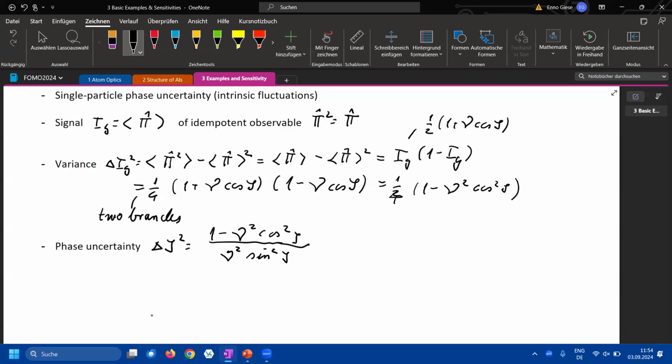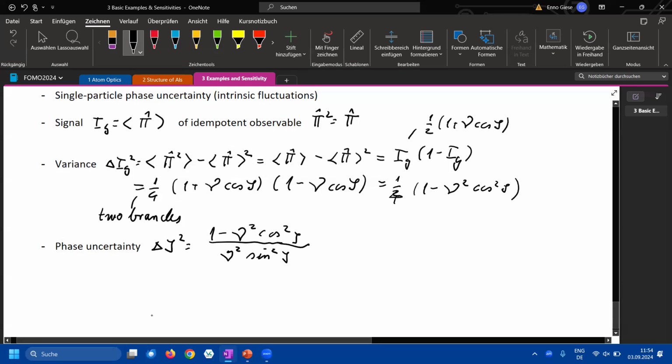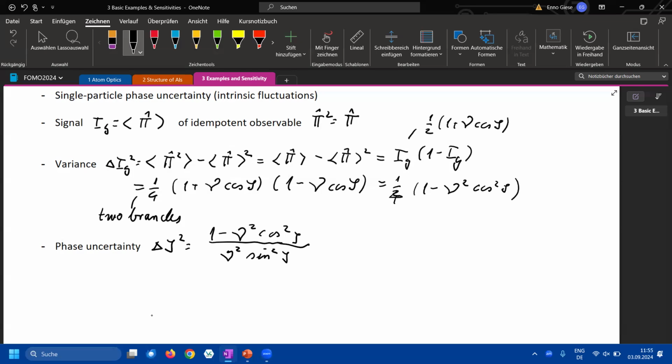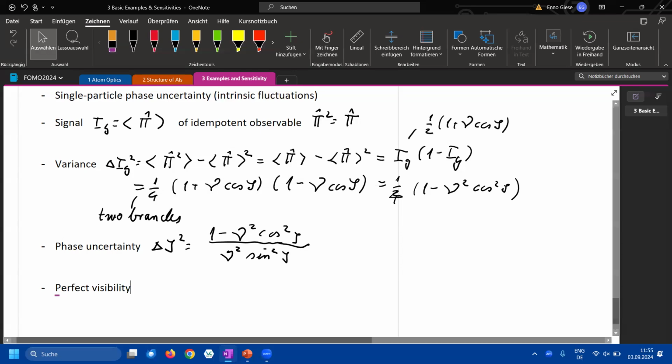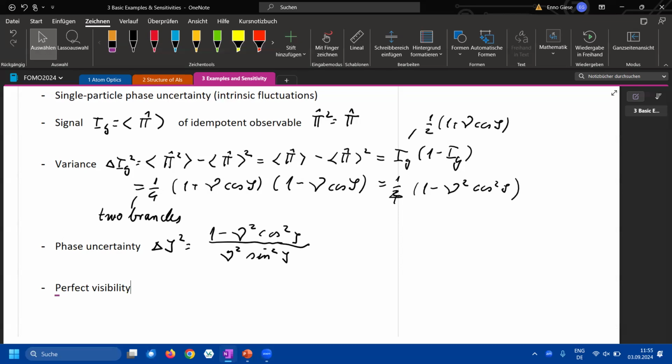Of course, I omitted phi. So we observe a variance that depends actually on the phase itself. And it depends on the visibility. And we can now see what happens with that. Let's just assume perfect visibility, so we don't have any overlap problems, but of course it gets worse when we don't have that. So let's just assume that we have V equal to 1.